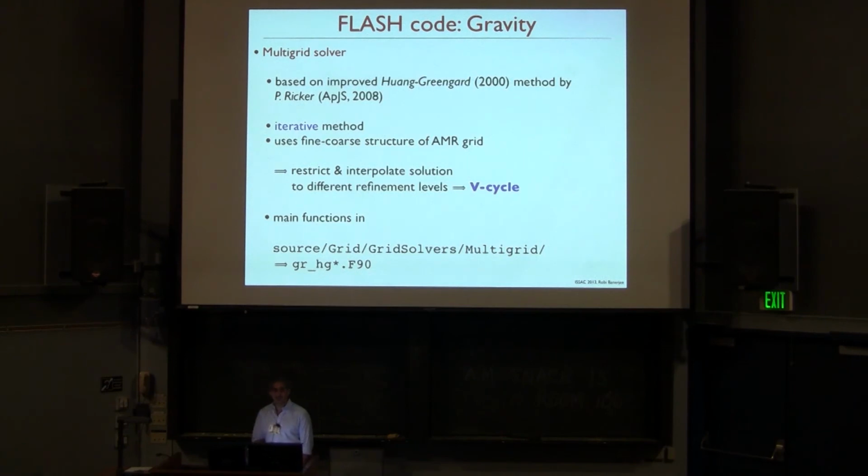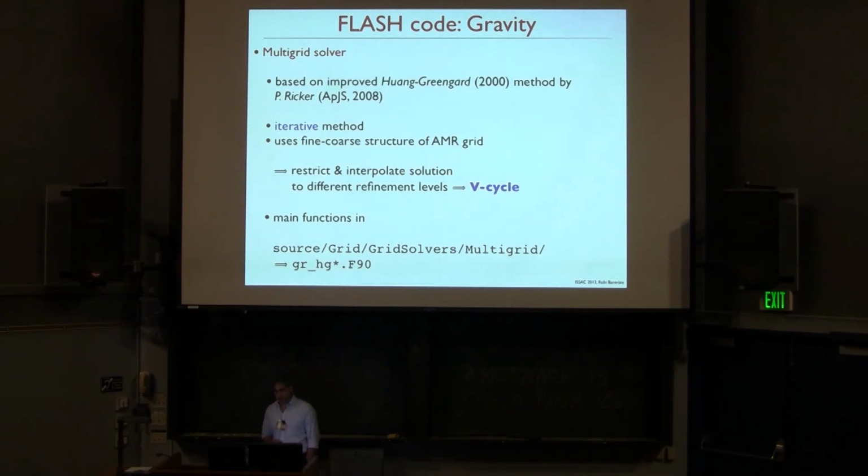But the main feature is still the same. It's an iterative solver of the Poisson equation where you propagate your solution in both directions, from fine to coarse grid and vice versa. We talk a little bit about the details here. You restrict your solution from the fine grid to coarser grids and interpolate the solution backwards from coarser to finer grids.